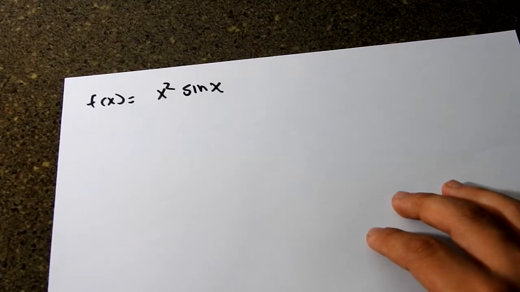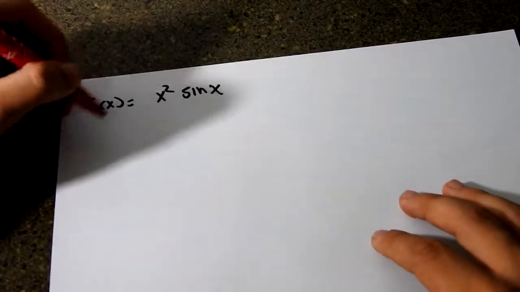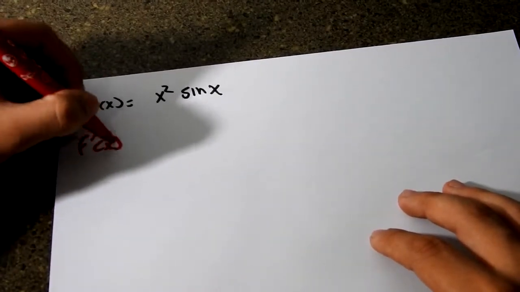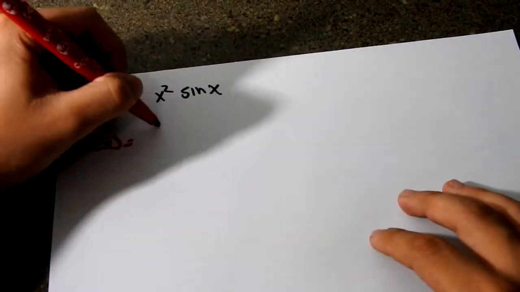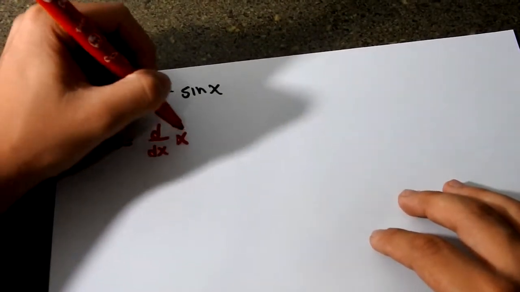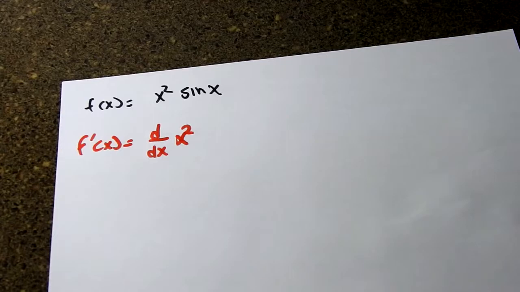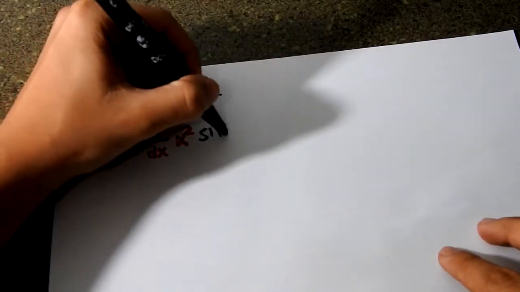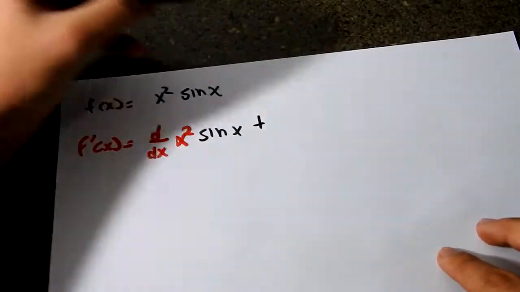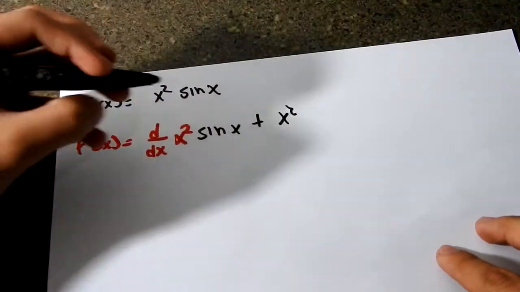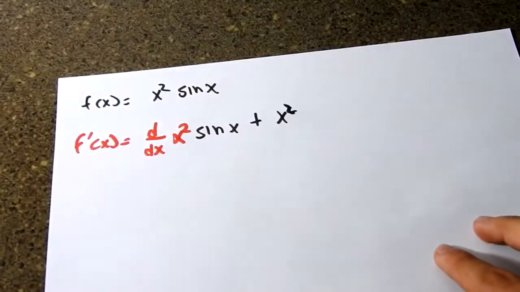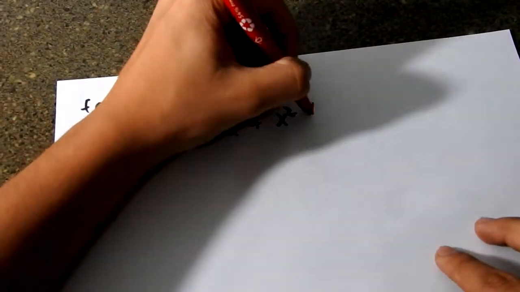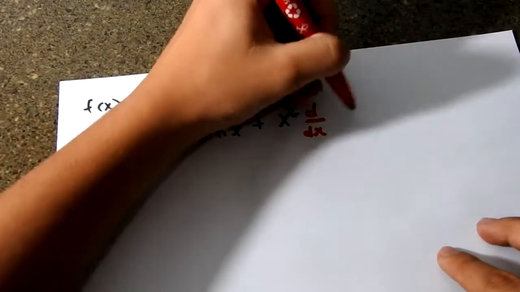We have a function here, f of x, x squared, sine x. Now same process, we're gonna do product rule. So now we're gonna have d over dx of x squared times sine x plus x squared, and then d over dx of sine x.